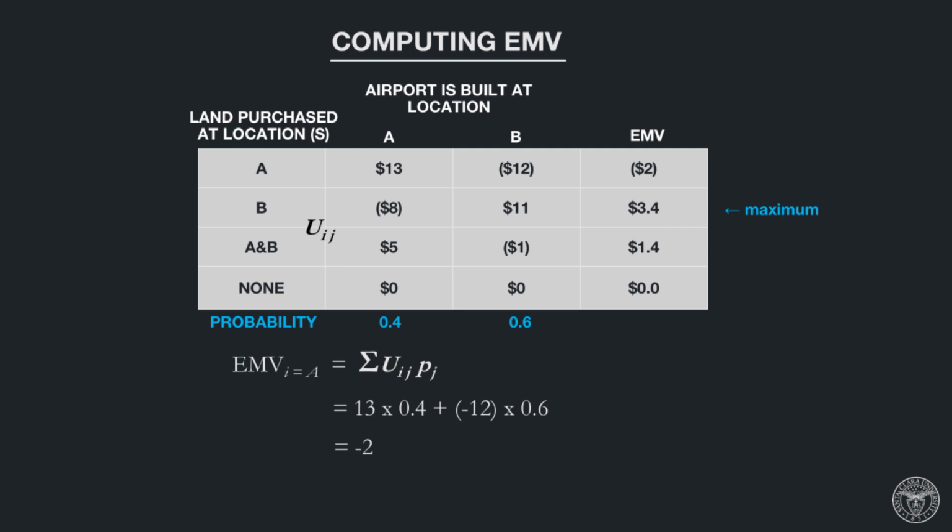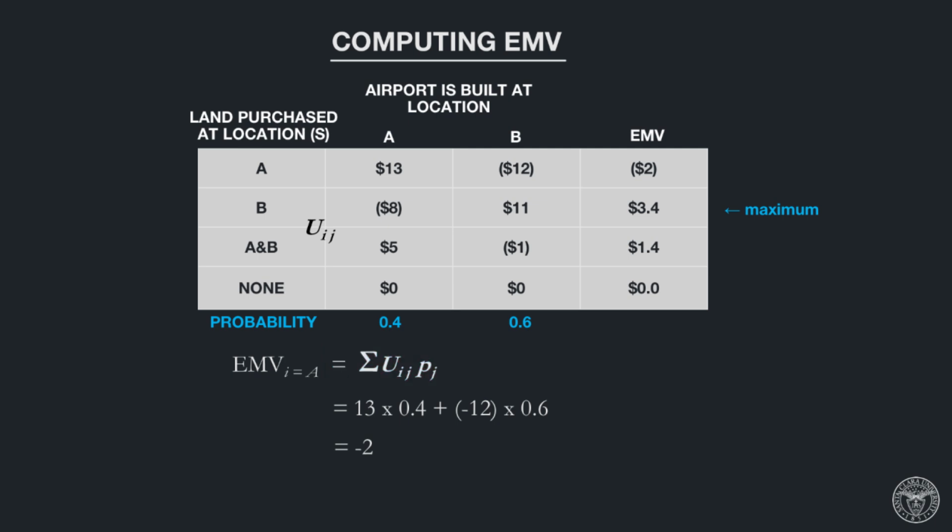Let us look at this example again. We have decisions A, B, and none. We have the airport built in location A and B with probabilities of 0.4 and 0.6 respectively. For decision A, we have two utilities, 13 million and negative 12 million for locations A and B respectively. To compute the expected monetary value, EMV_i for i equal to A is the sum of U_ij times P_j.